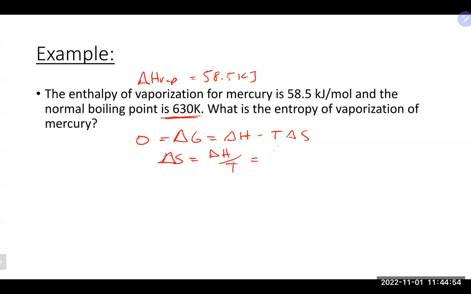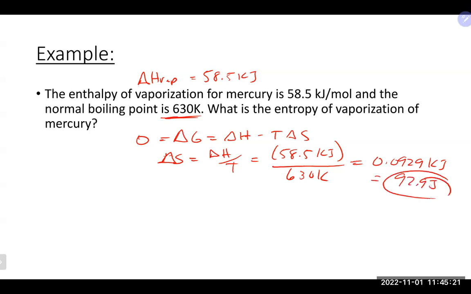It would be our 58.5 divided by our 630 here, going to give us something like 0.0929 kilojoules, or if we convert it into joules, something like 92.9 joules in this case.